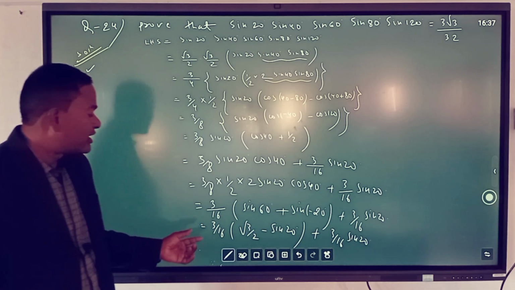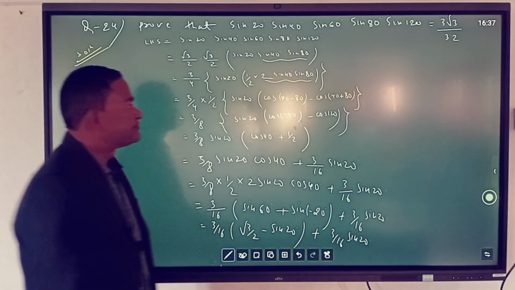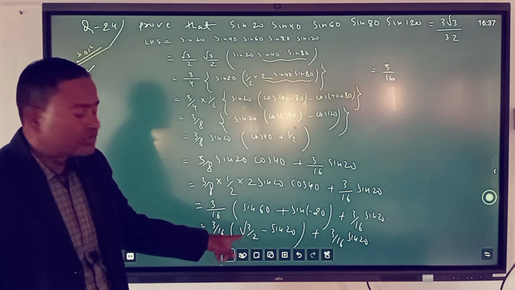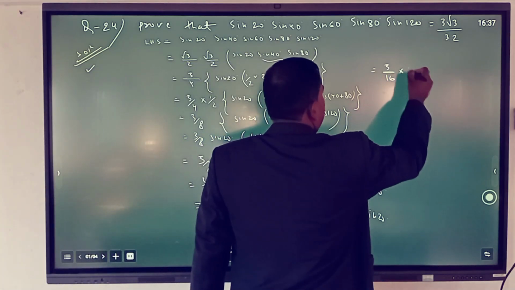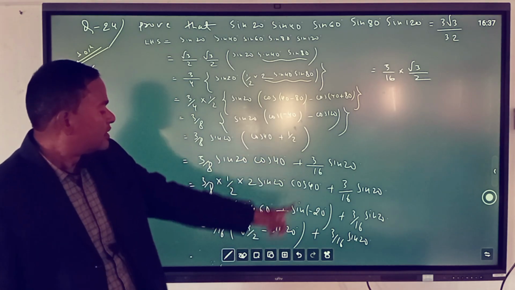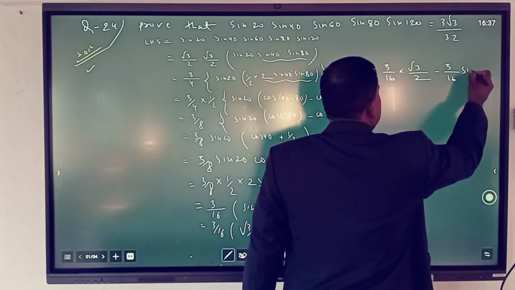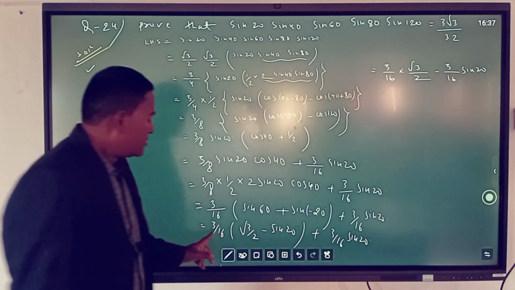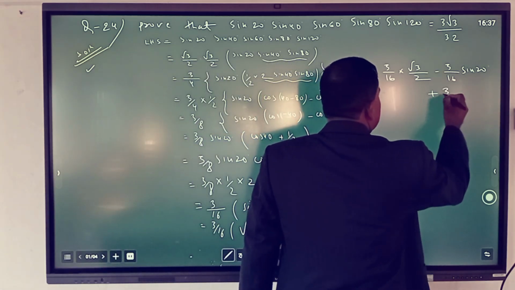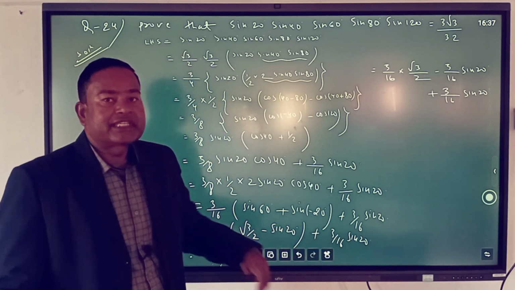So dear student, now again let's multiply. Let's open the bracket with 3 by 16. 3 by 16 times root 3 by 2, minus 3 by 16 sin 20, and plus 3 by 16 sin 20 degree, keeping as it is.